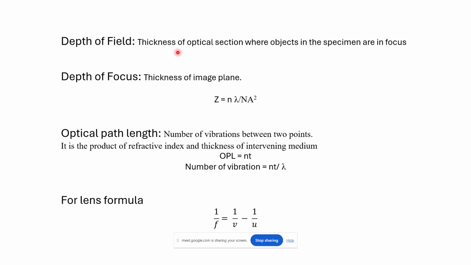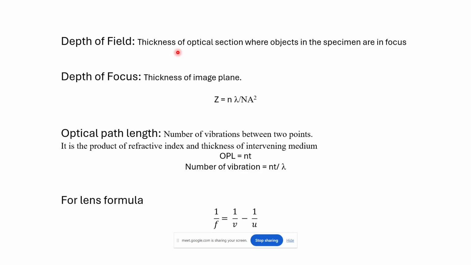And the image plane where the image is in focus will be known as the depth of focus. In some places these are used interchangeably, but depth of field is for the object and depth of focus is for the image, that you should remember.